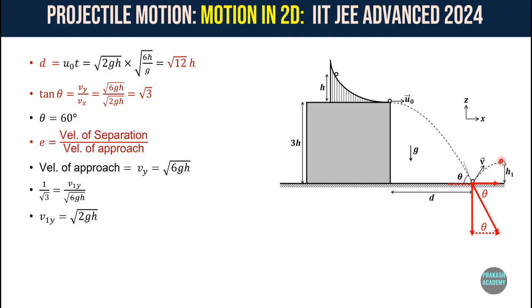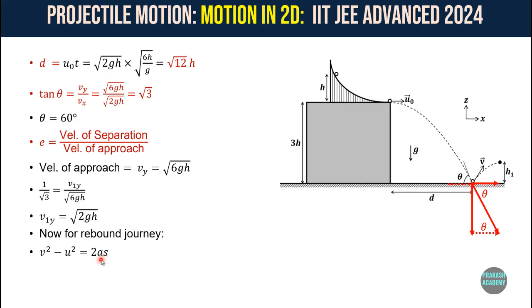Now for this journey, that is the rebound journey, I can calculate this maximum height. So I can use the same formula, that is v square minus u square equals 2as, because this is maximum height, so final velocity in the y direction will be 0. So this is 0, and the initial velocity in the y direction I know, and since this is going above, gravity is in the downward direction, that is opposite direction.